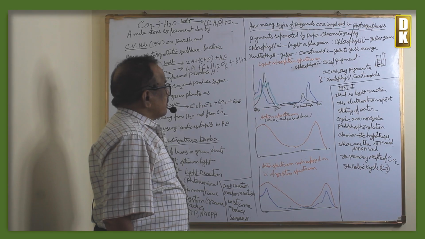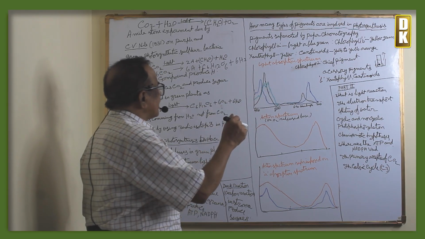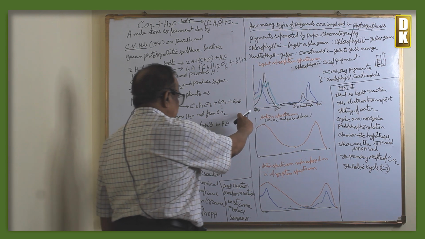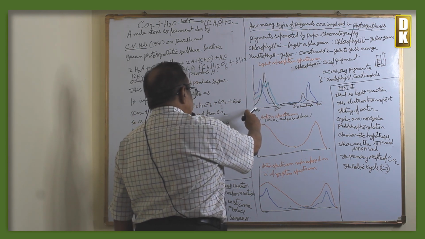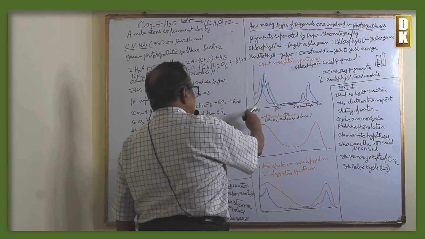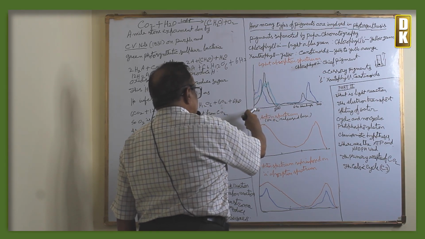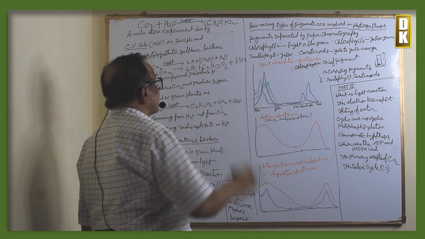Different pigments will absorb different quantities of light at different colors. This is the 400 to 500 range. It is the VIBGYOR, violet, indigo, blue, which lie in between here. This entire range together is called the blue color.